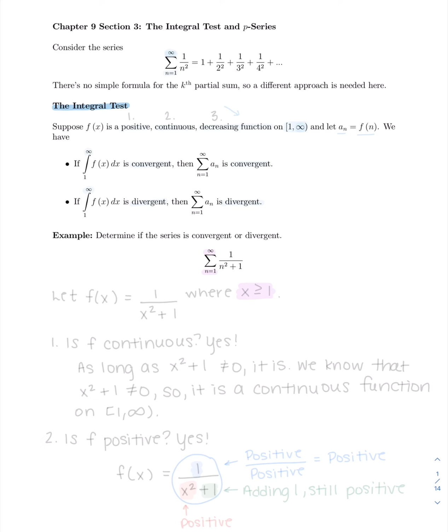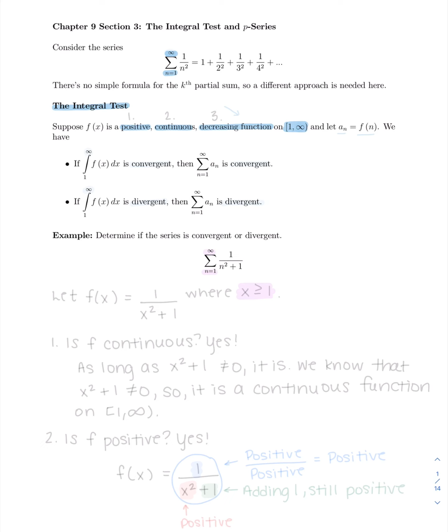The integral test requires that our function, which will turn our series, or a sequence, into a function, needs to be positive, continuous, and decreasing, meaning going down, on the interval from 1 to infinity. The reason it's 1 to infinity is because that's the way our sums are.